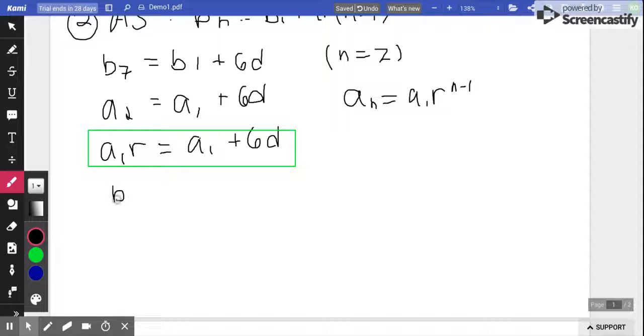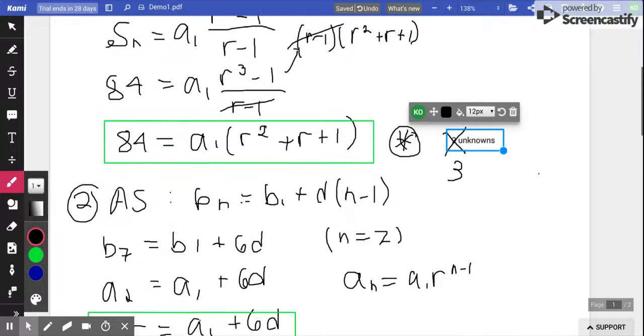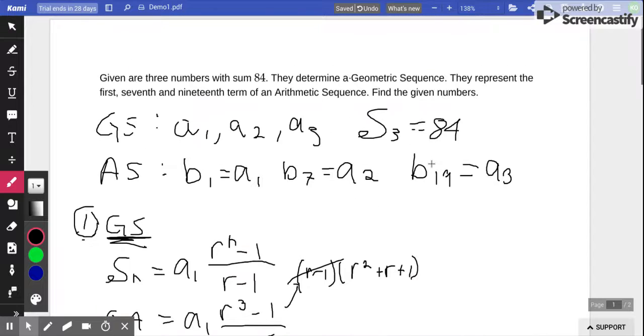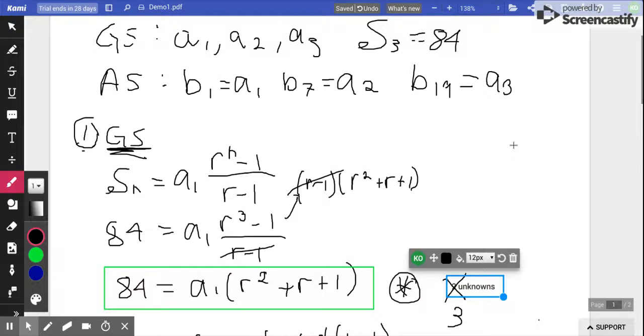So if I do that, we are dealing with B19, so B19 is going to be equal to B1 plus 18D, because n equals 19, which means in the bracket we get 19 minus 1, 18. Now again we want to get A1s and Rs, so let's get started with our A's. So B1 is A1, B19 is A3, I'm sorry.